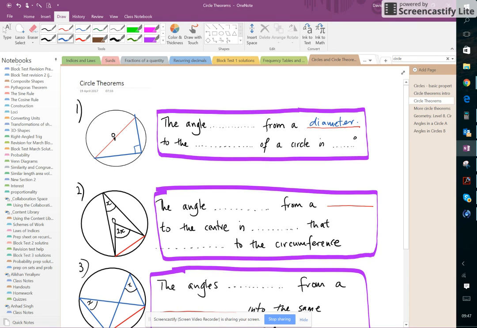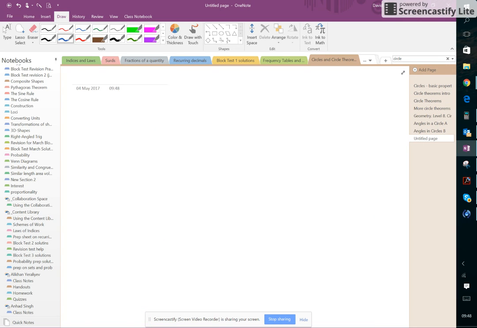Before we do that, I just want to introduce the concept of subtending angles. So let's just do that quickly. Subtending angles. To subtend an angle, you start with a line segment. Imagine placing two fingers, one on each hand, on opposite ends of that line, and we bring them together in straight lines.